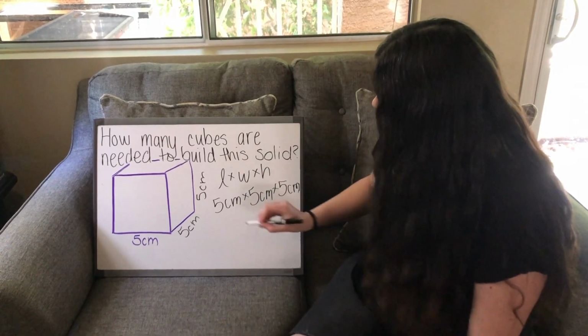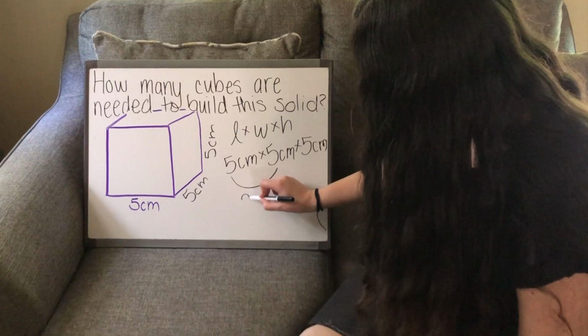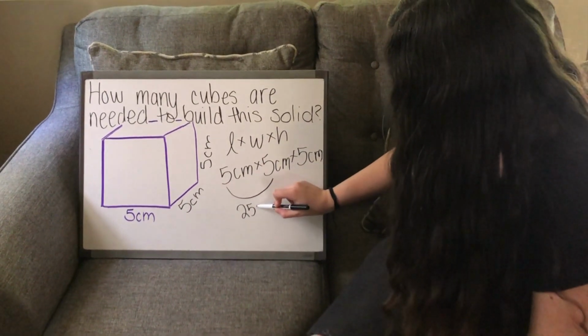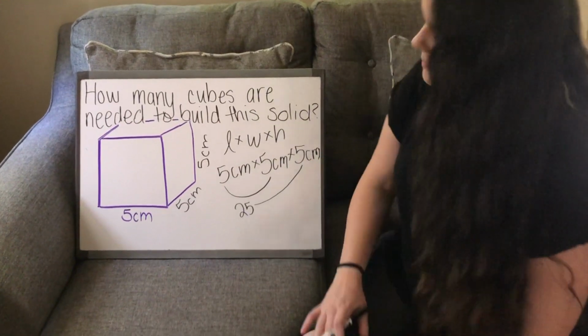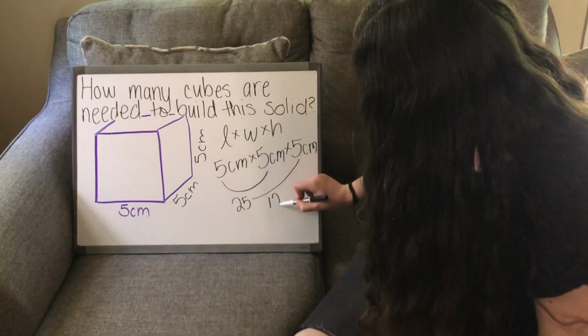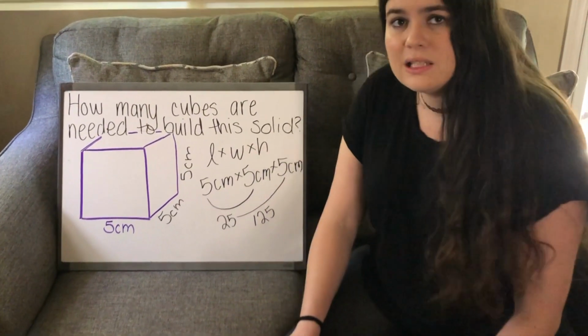There we go. 5 times 5 is 25. Next, we're going to multiply 25 by our 5 up here, which is 125. Now we still need to find our unit.